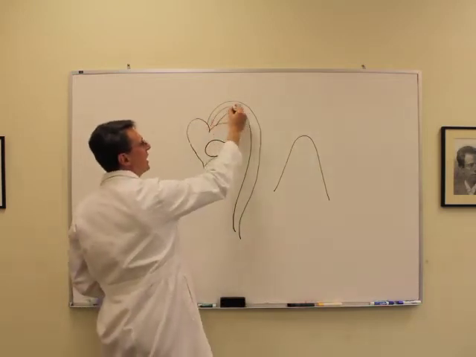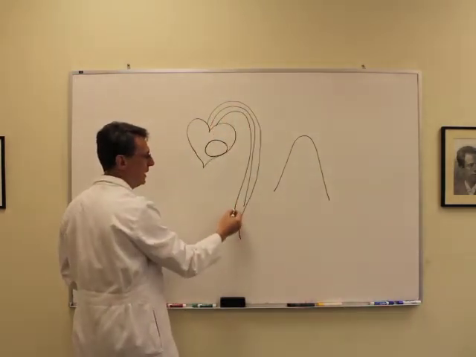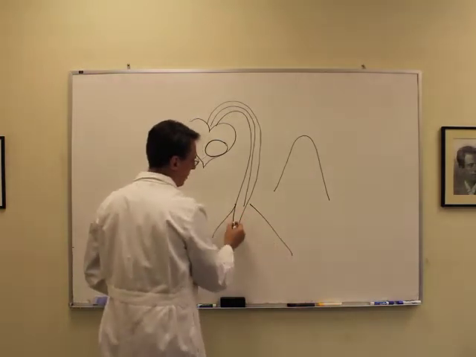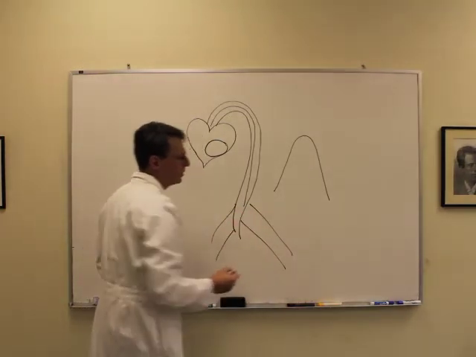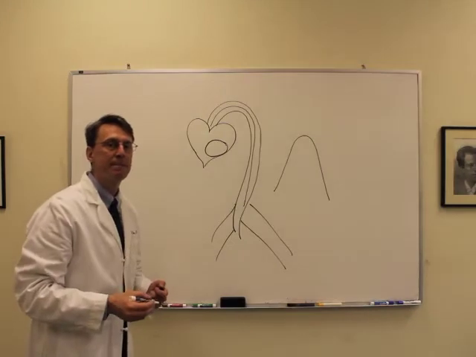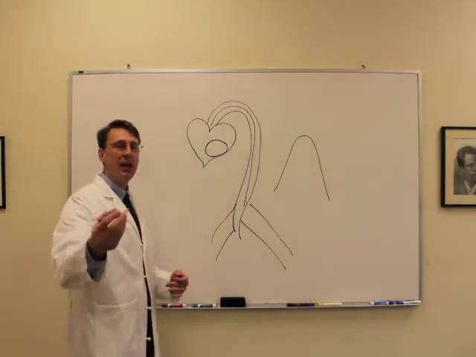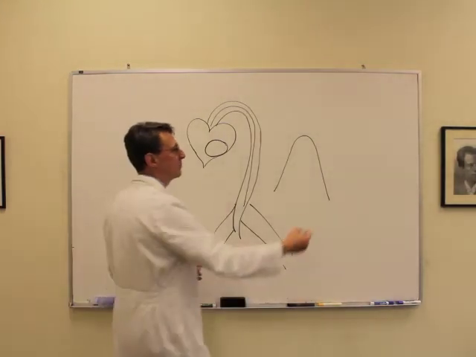As the blood moves down the aorta, it hits a spot where it divides to go into the legs. At this point, a secondary pulse wave is created.